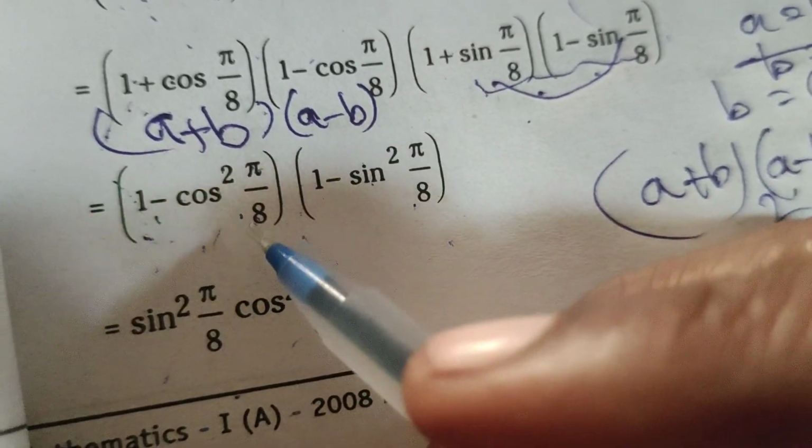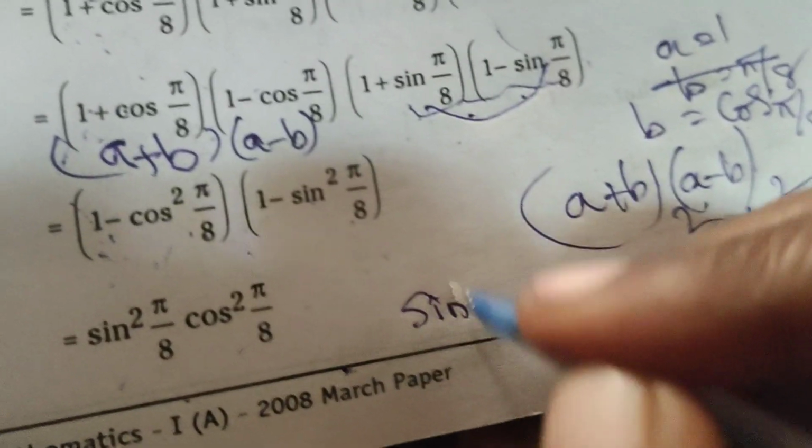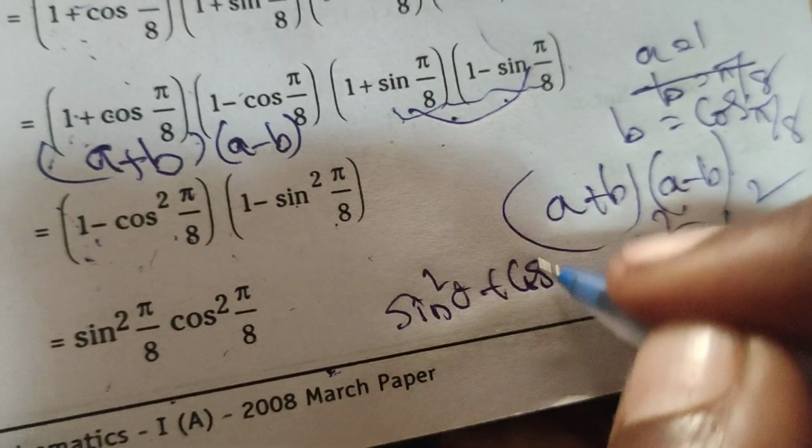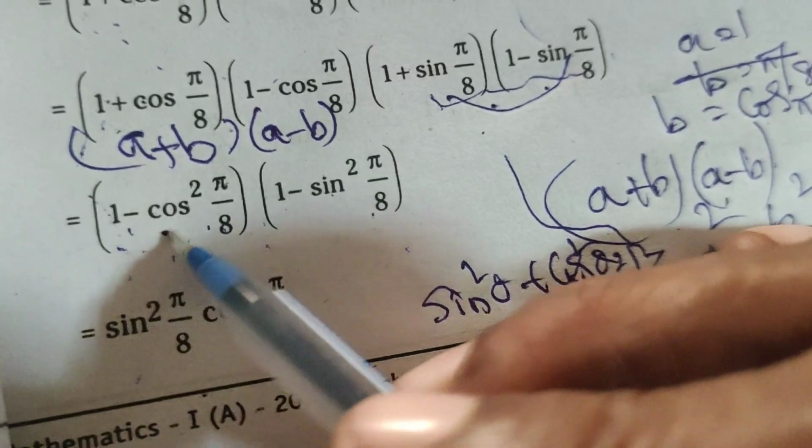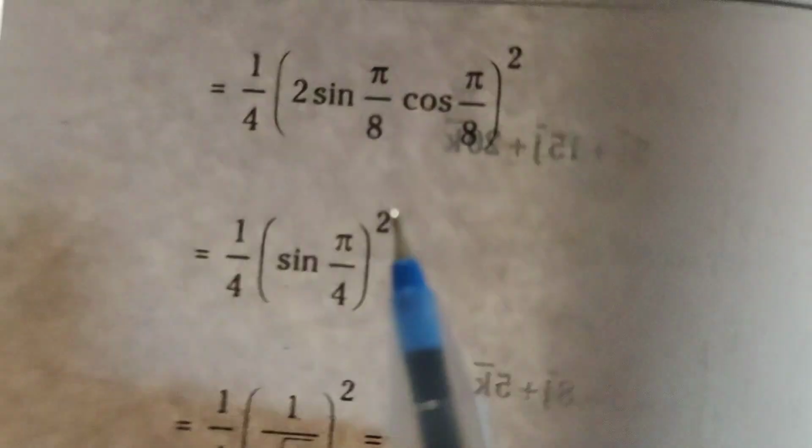This follows from sin square theta plus cos square theta equals 1. Next, multiplying and dividing by 4, we write 2 square: sin square pi by 8 cos square pi by 8 is sin pi by 8 cos pi by 8 whole square.